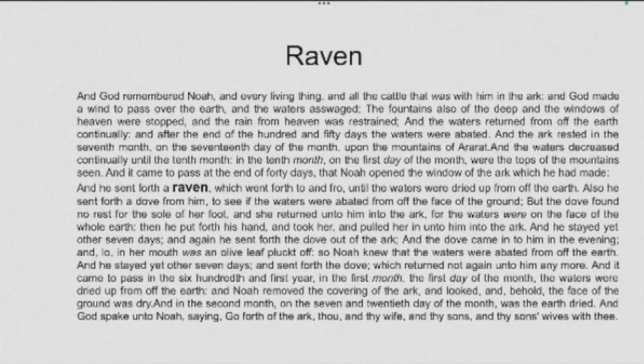Here is one example of a symbol of the bird, the raven, used in chapter 8 of Genesis, which Madame Blavatsky referred to in The Secret Doctrine. Now, this symbol, as the word indicates, is a symbol of Genesis.